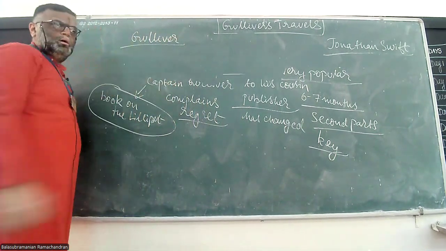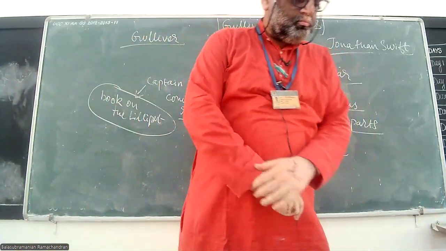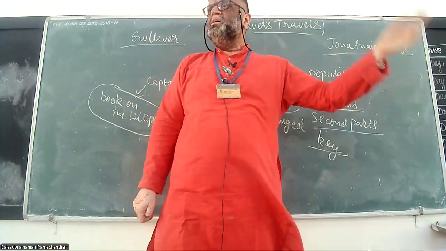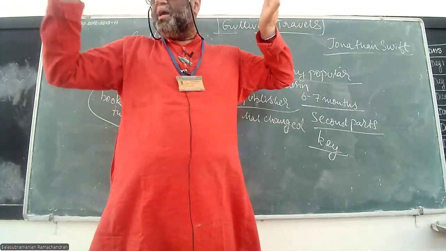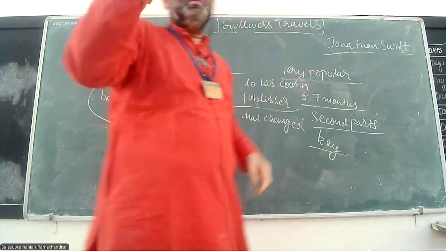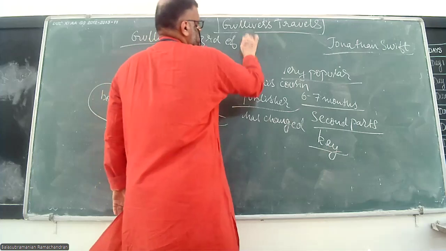So his father Gulliver had siblings. He is the third of 5 sons. So if we look at his biography, he introduces himself. He is the third of 5 sons.